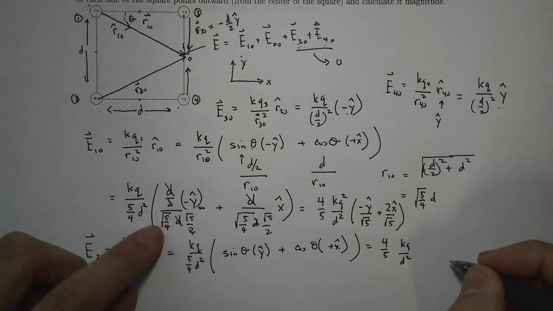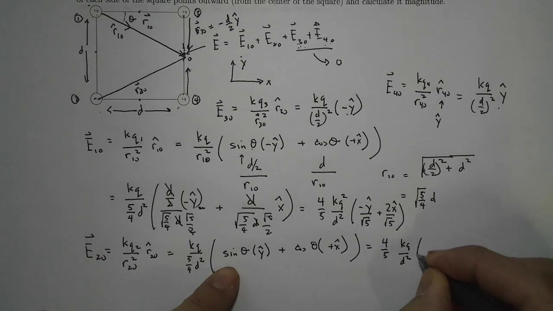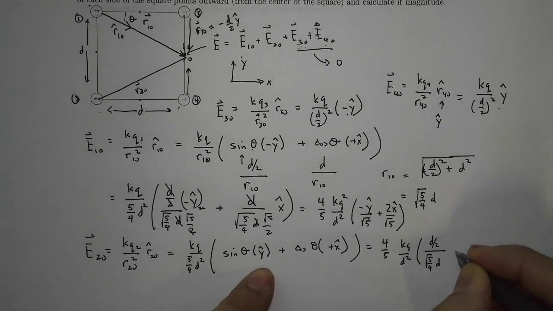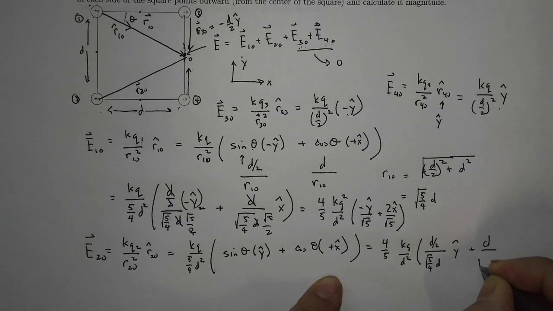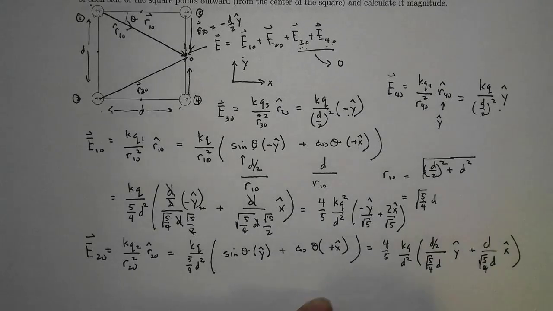This angle right here: sine is d/2 divided by the square root of 5/4 d, as we stated earlier, in the y hat direction, plus d over the square root of 5/4 d in the x hat direction.